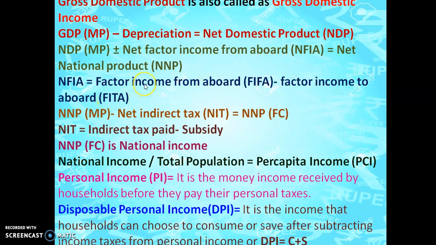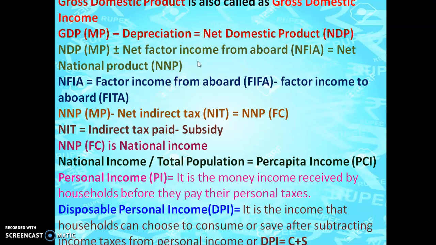What do you mean by this? See, a simple example. Take for example, your father is working in an IT company. You are staying in Hyderabad, right? He got a chance and has gone abroad, to the US or UK, whichever country, even Pakistan, it's not an issue. They go to another country and get the income over there.